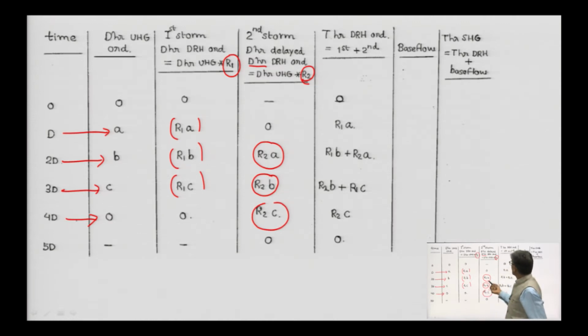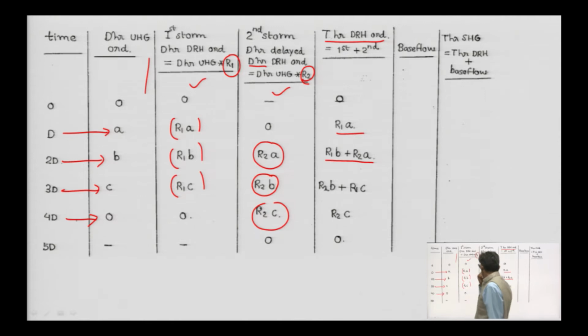If we have only 2 storms, then the TR-DRH will be the summation of these two. R1A only, the second column will not be added; we will add only the first and second columns. So, the ordinate of the TR-DRH at duration 2D will be R1B plus R2A.